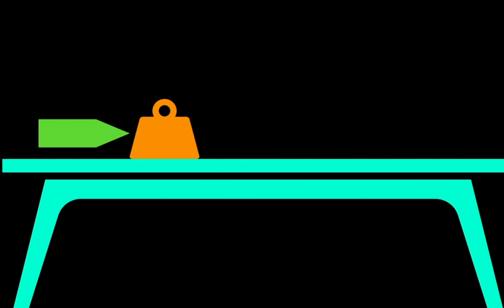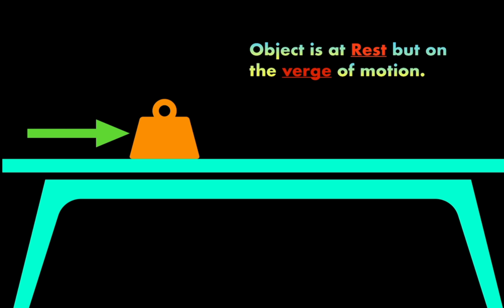Now let's increase the applied force even more, such that the object is still at rest, but it's on the verge of motion. If we increase the force by a small amount, the object will begin to slip. Since this object is still at rest, it's balanced by the frictional force.